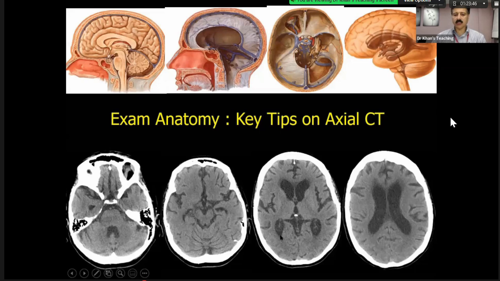The occipital horns are usually not well seen unless the patient has an atrophic brain. And please remember that anatomy is very well seen in this case because I have selected a slightly atrophic old age brain. Otherwise, in a young patient, all of this will be difficult to pick up.